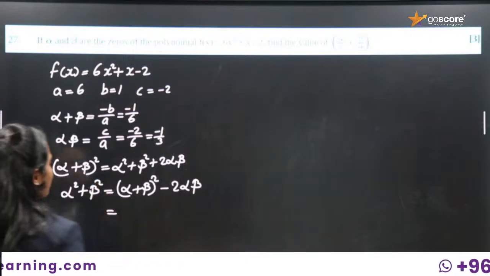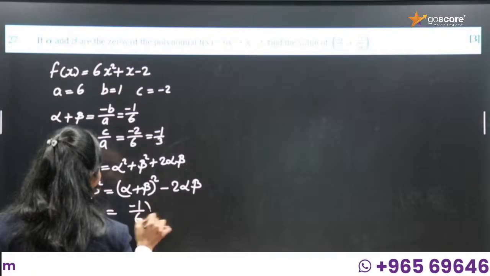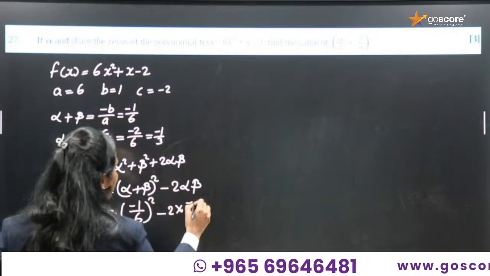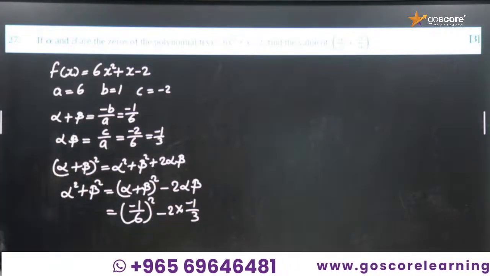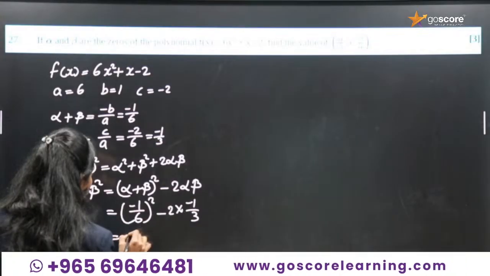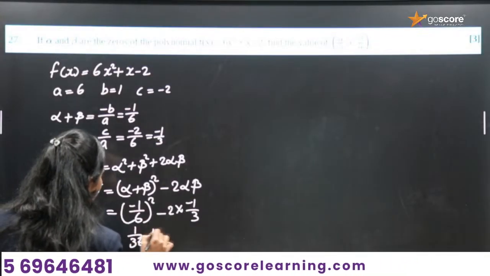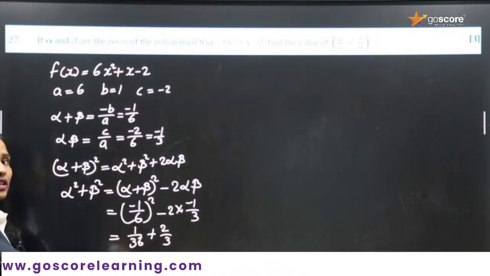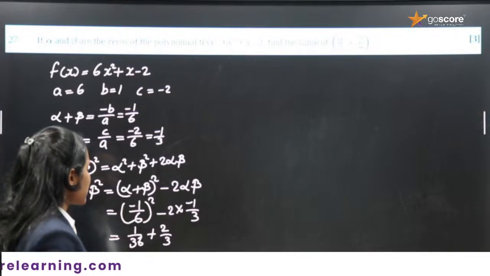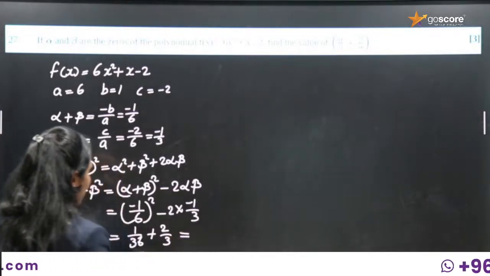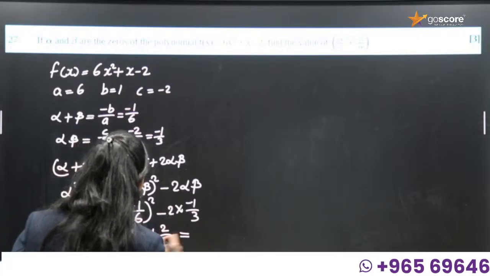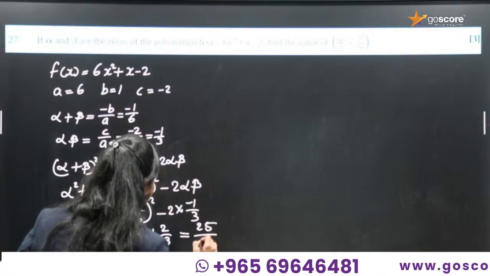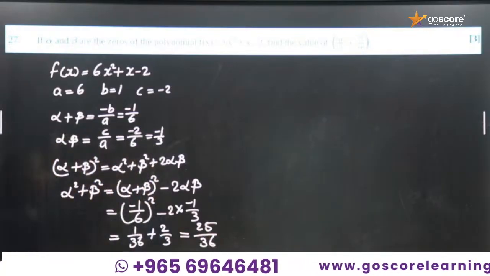Okay, so we will have minus 1 by 6 the whole square minus 2 times alpha beta, which is minus 1 by 3. Now it will be equal to 1 by 36 plus 2 by 3. The minus and minus will become positive, and when we take the square of a negative number, it will become positive. So 1 by 36 plus 2 by 3, when we simplify it, you will be getting 3 into 12, 24, 25 divided by 36. This is our alpha square plus beta square.